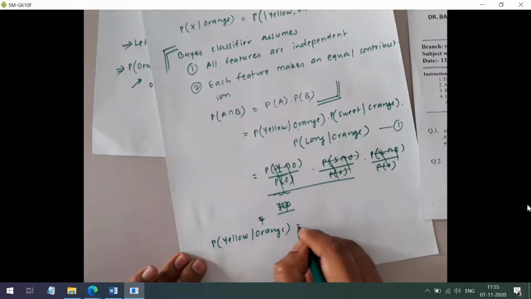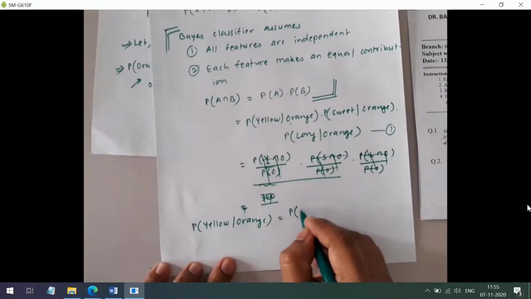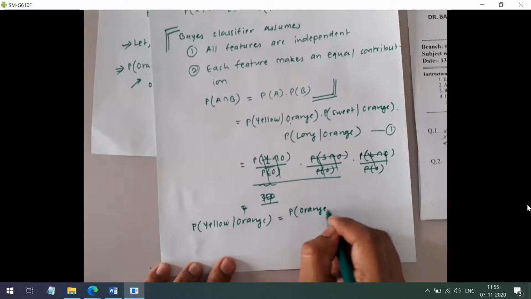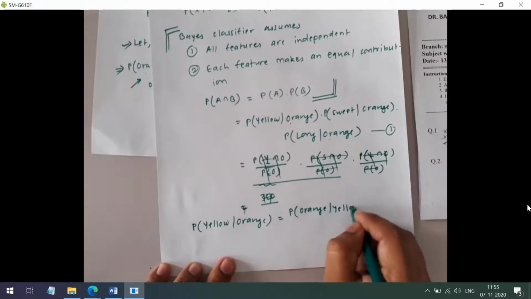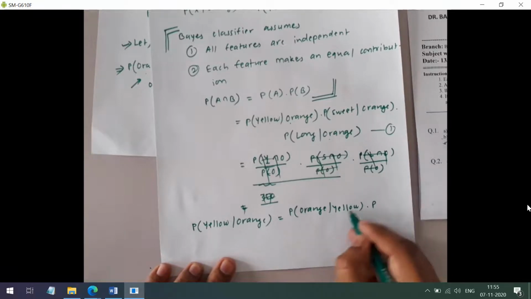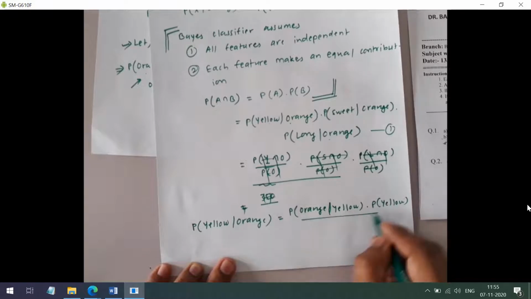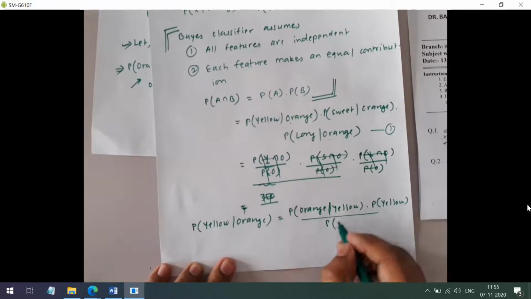Here we are going to use our Bayes classifier equation, that is P of orange given yellow, just reverse this order, into the probability of the denominator, that is probability of yellow, divided by probability of the denominator of this term, that is orange.